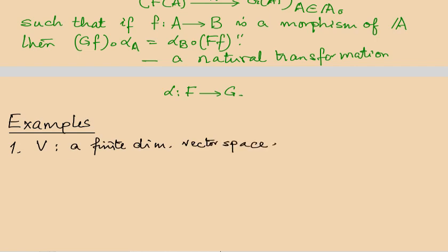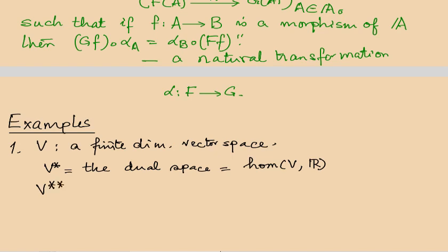And now V star is the dual space. You know what it is, right? Which is nothing else but Hom(V, R), and pointwise we add and scale. And we know V star star is the second dual.